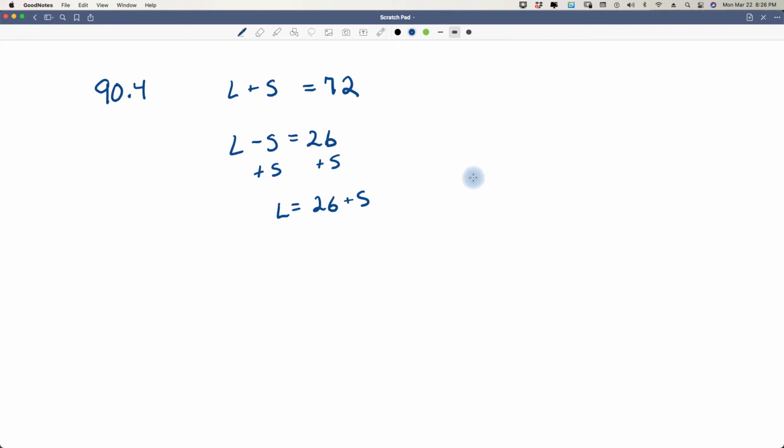And we can say 26 plus s for the large number plus s equals 72. We can combine both of these to 2s, and we'll subtract 26 from both sides.